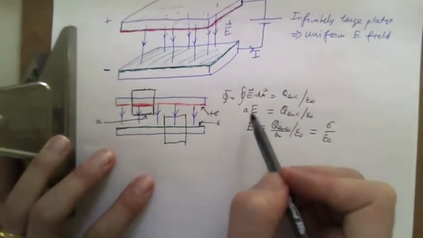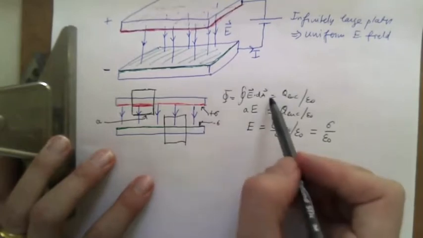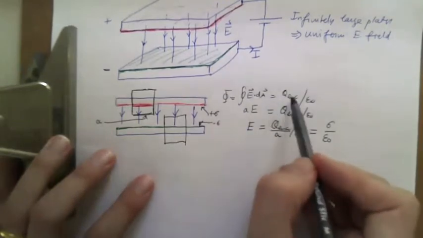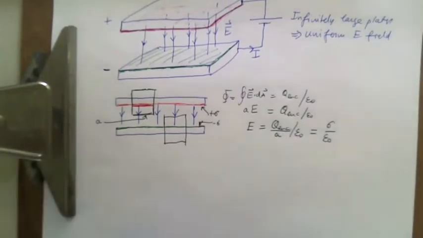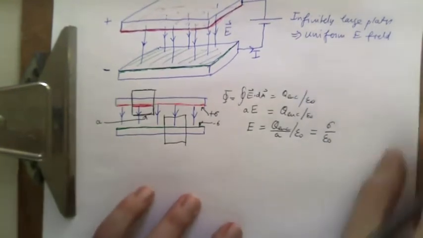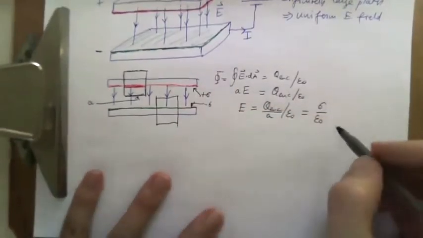And then you could do the whole thing again. You could say flux is E dA. Now flux is going in, so this flux is negative, but Q enclosed is also going to be negative, so the two minus signs will cancel. You'll find the same field. So long story short, that's sigma over epsilon naught.